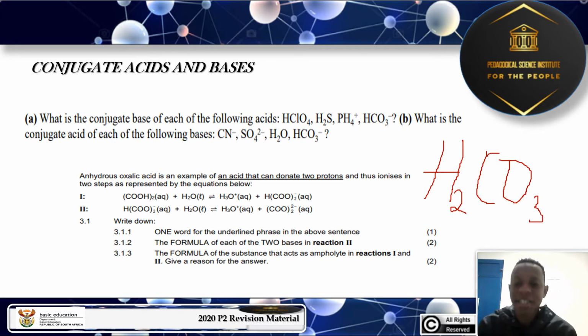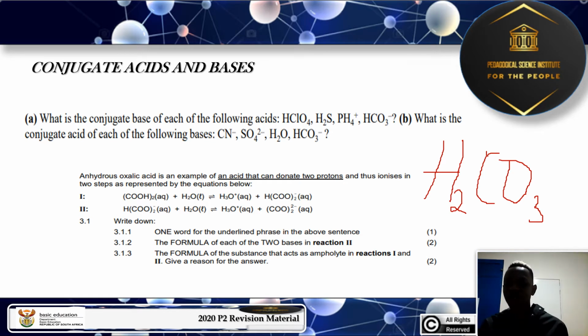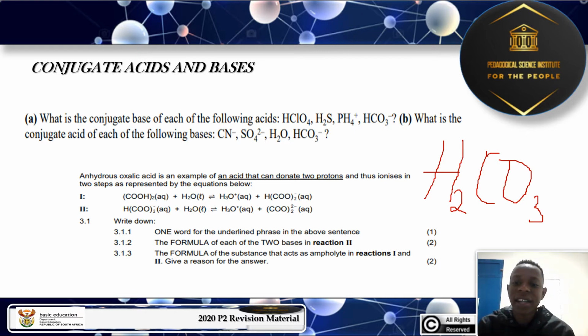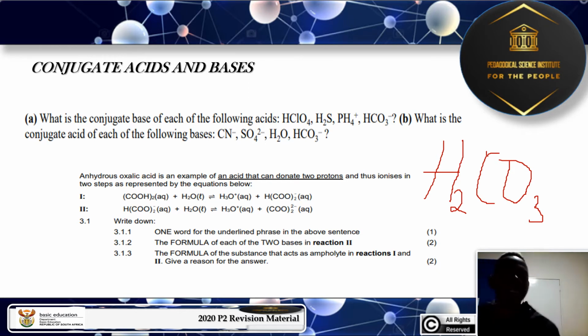As it was minus, plus 1 is going to give us 0, so there is no need for us to write that 0. It's neutral. So that's how we get our conjugate acids and bases.